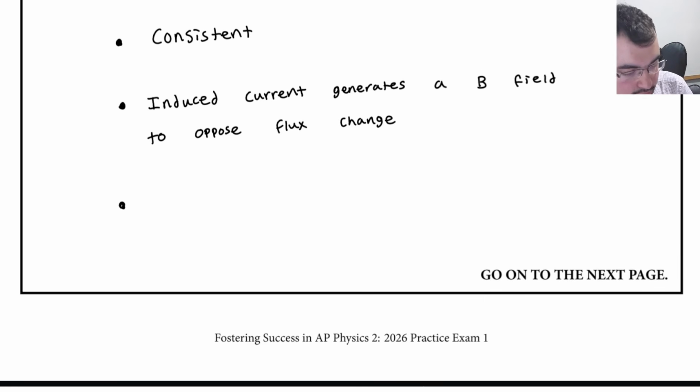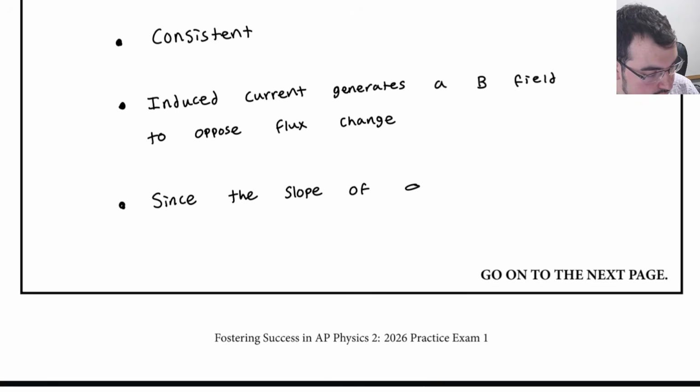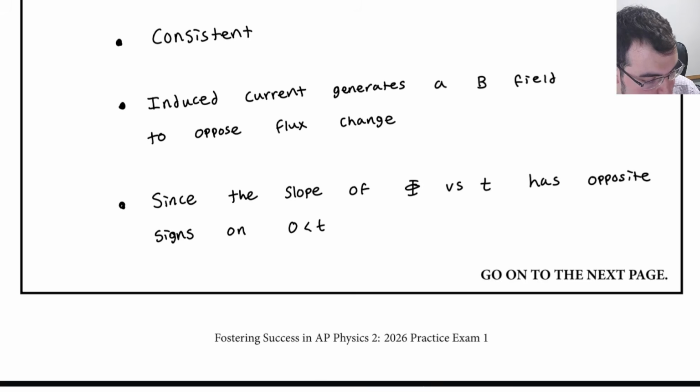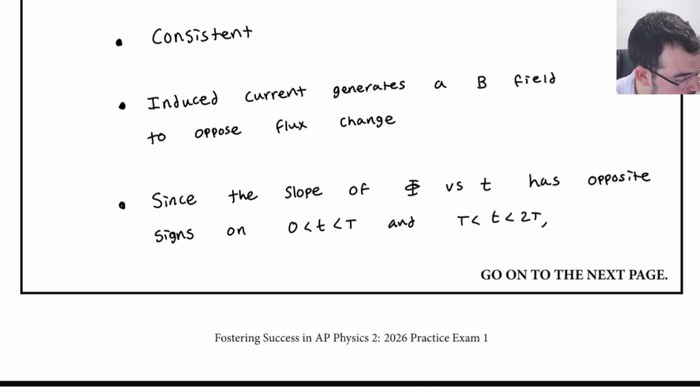So we notice that since the slope of the flux graph has opposite signs on the two intervals we're looking at, the current directions should also be opposite at those times.